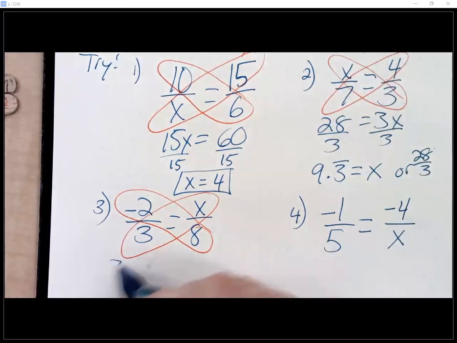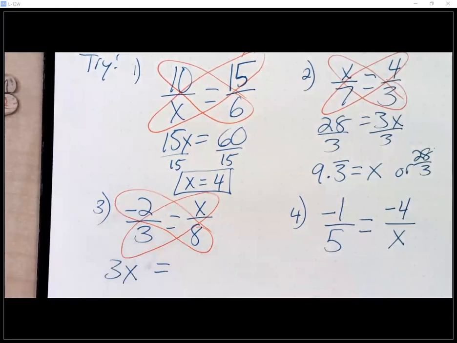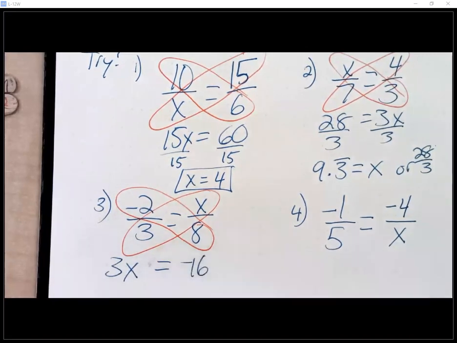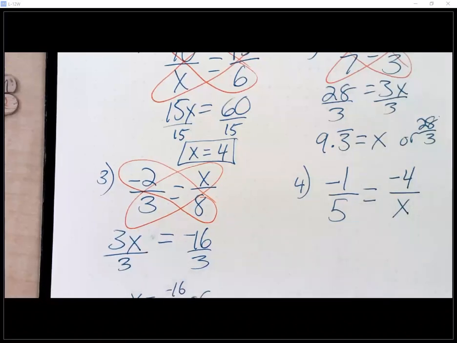So I'm going to set that equal to... Now I'm going to do negative 2 times 8. What's that? Yes. And then what do I do? Yep, just divide both sides by 3. So whatever that comes out as, you could leave it as negative 16 over 3. Or if you have a calculator and you actually divide them, looks like negative 3.2.